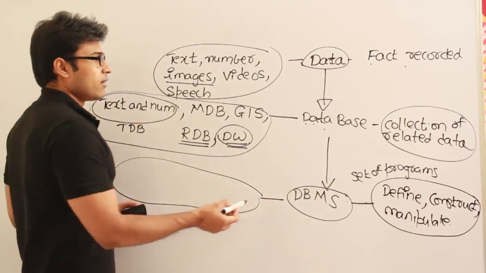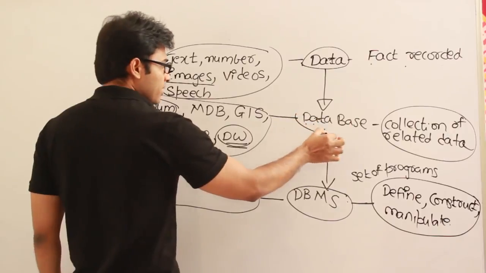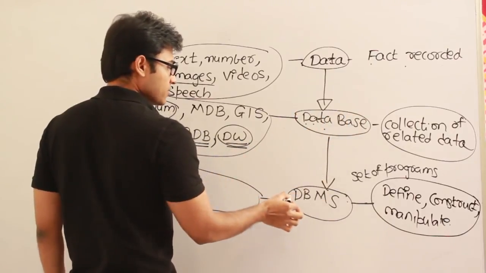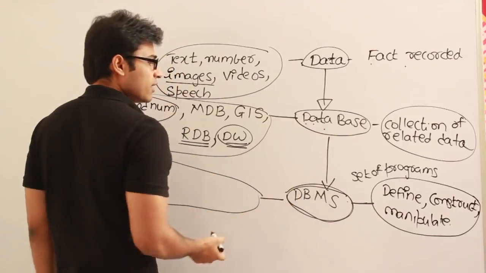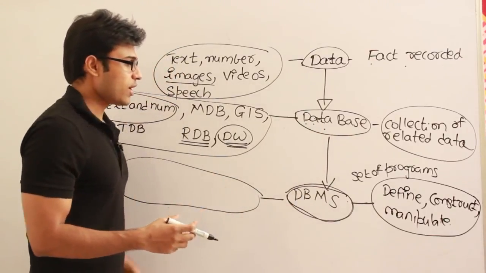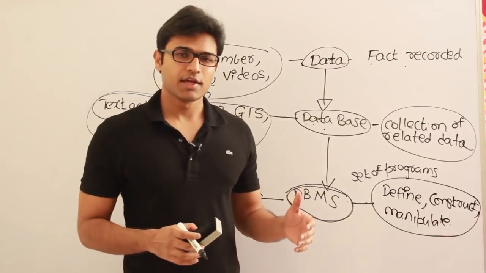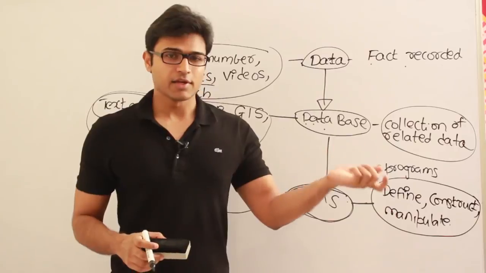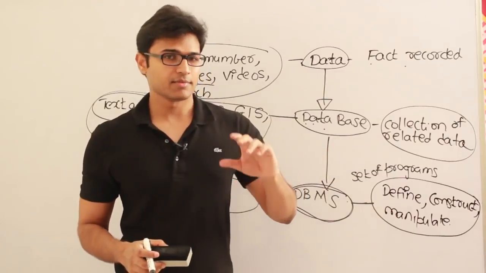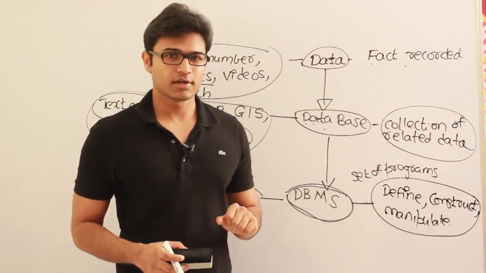And then once you take this database defined and the collection of programs which are going to act on that database, see, it is not that you have one particular database system which can access any data. Depending on the type of data, the database management system also has to vary, right?